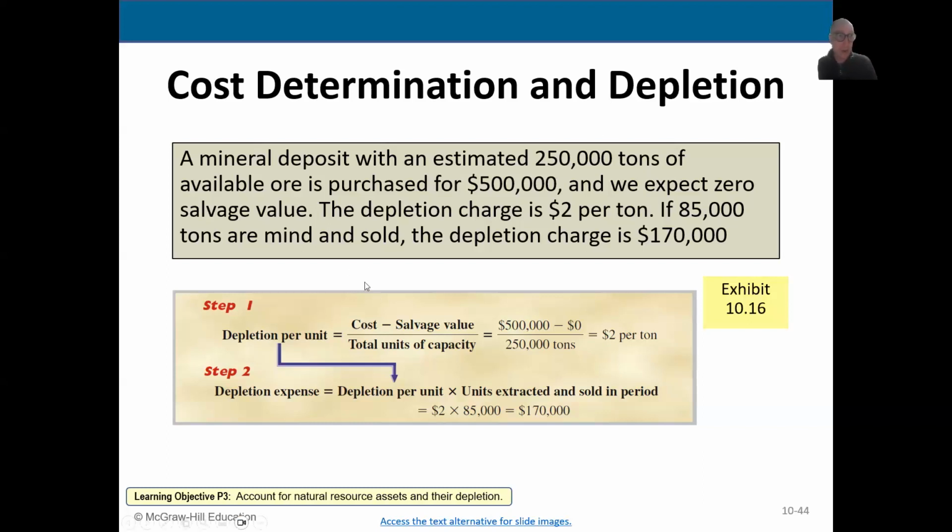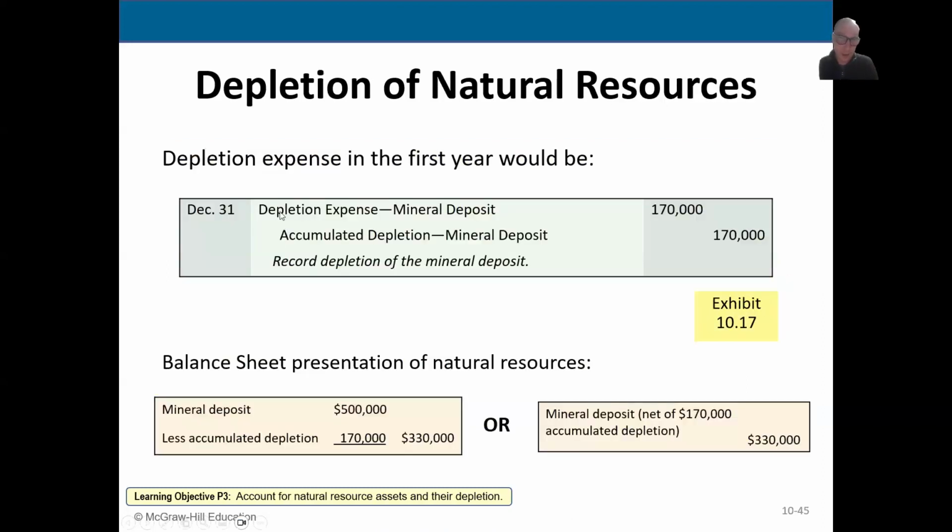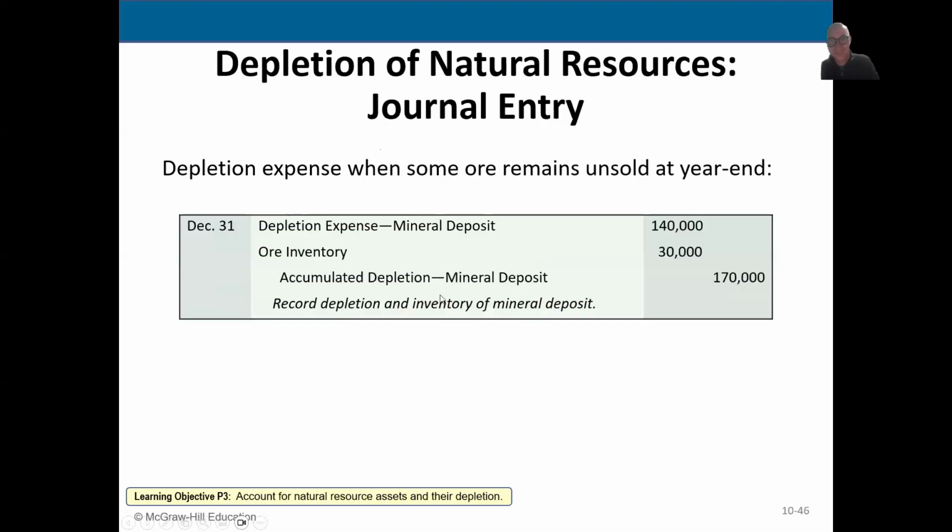We make the journal entry at the end of the year: debit depletion expense, credit accumulated depletion. Very similar process, isn't it? Depletion expense, sometimes you won't mine the whole thing, so you make adjusting entries.